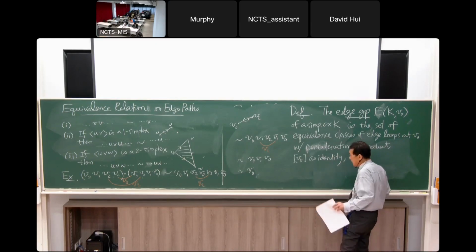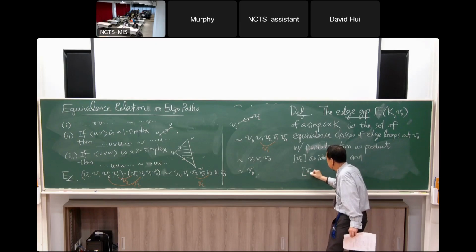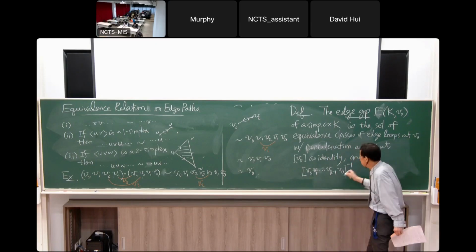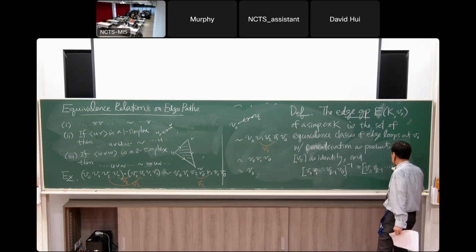And the inverse of V0, V1, up to Vk minus 1, V0, the inverse of a loop, it's just the loop written in the reverse order.